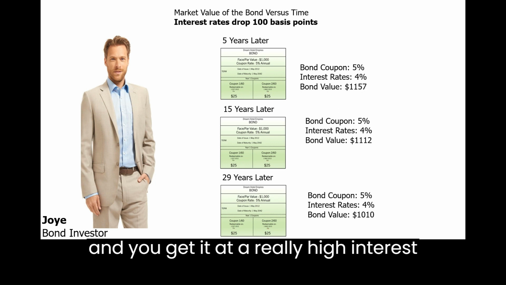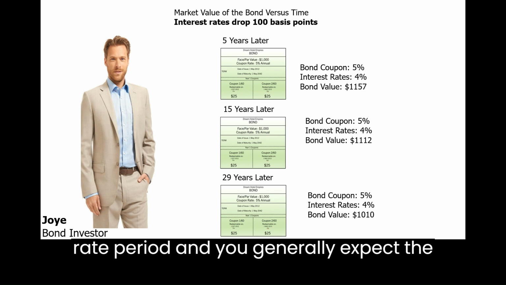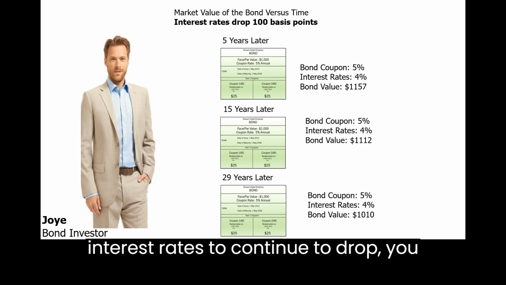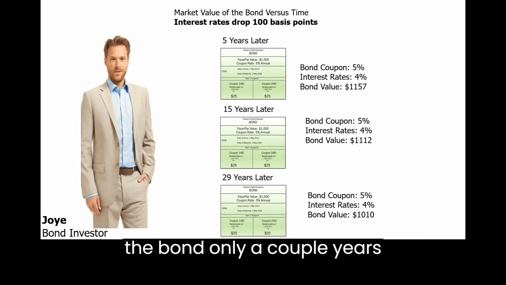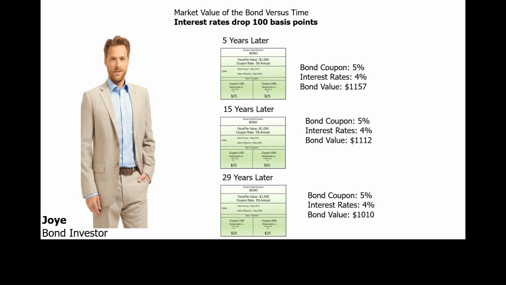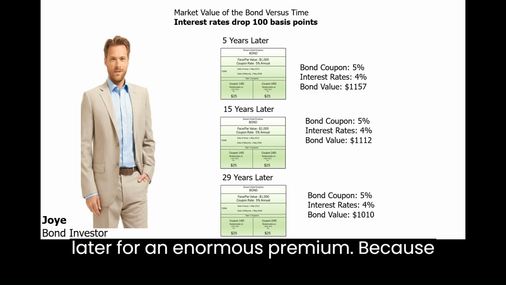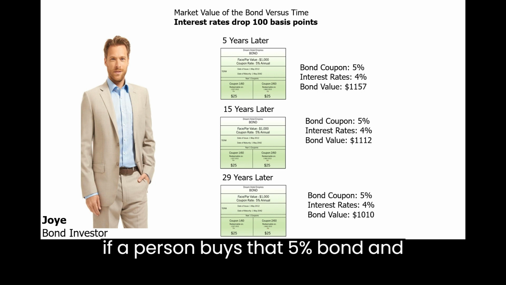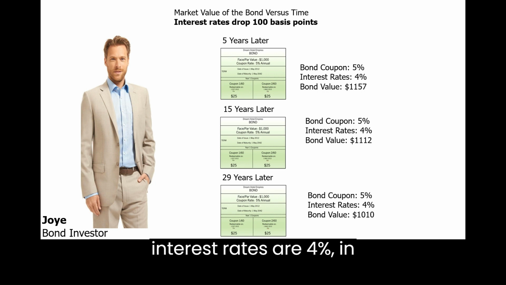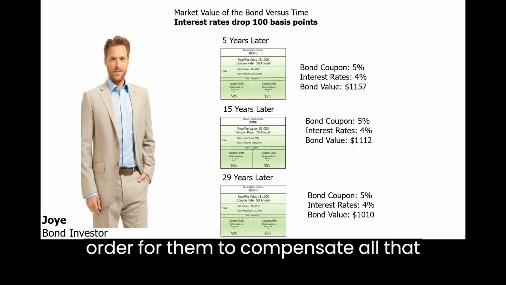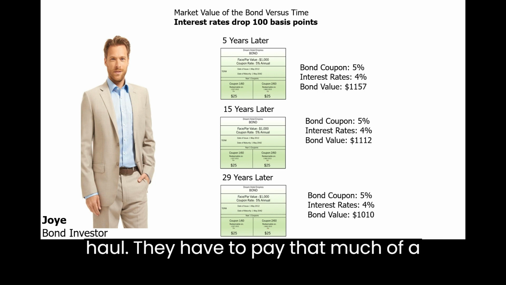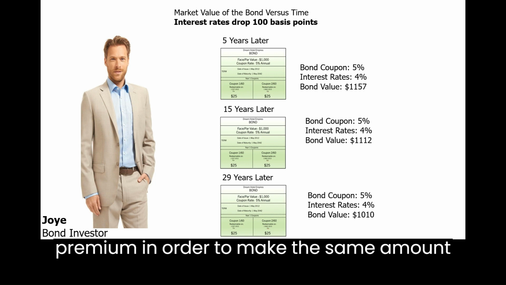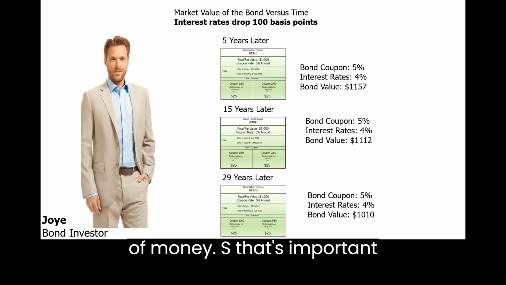What's really unique about bonds is that if you buy a long-term bond at a really high interest rate period, and you generally expect the interest rates to continue to drop, you would potentially turn around and sell the bond only a couple years later for an enormous premium. Because if a person buys that 5% bond when interest rates are 4%, in order to compensate for all that money they would lose over the long haul, they have to pay that much of a premium in order to make the same amount of money.